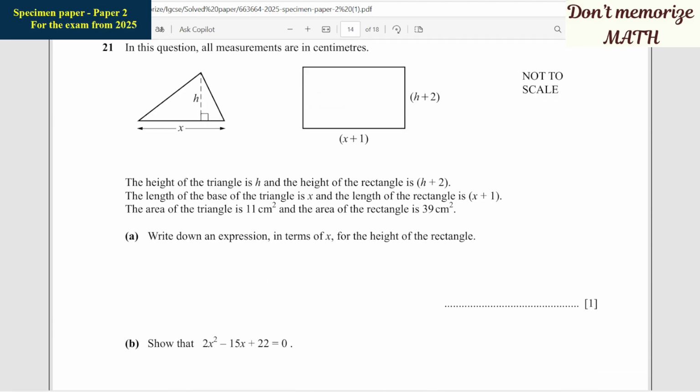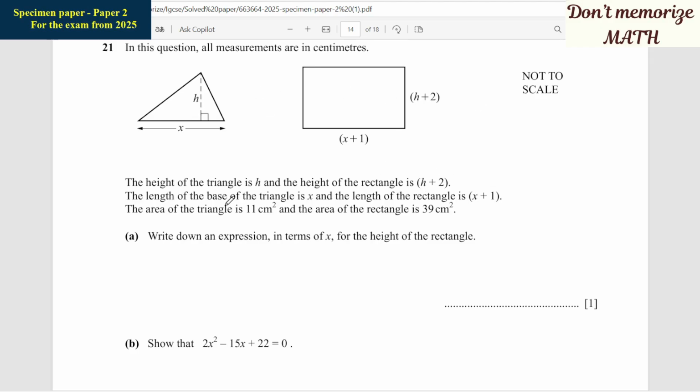Question number 21. In this question, all measurements are in centimeters: x, h, x plus 1, h plus 2, everything is in centimeters. The height of the triangle is h and the height of the rectangle is h plus 2, that is given here.